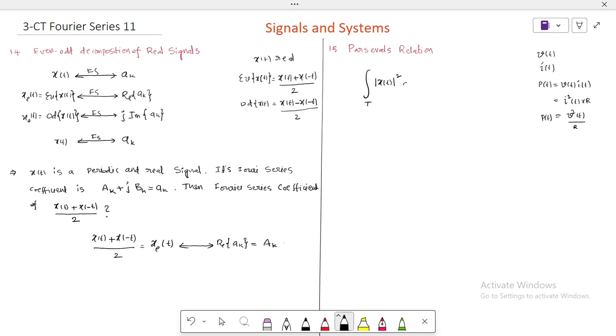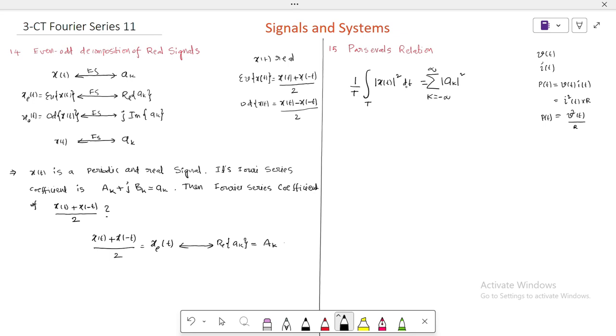That equals the sum of mod AK square, k from minus infinity to plus infinity. So how to remember this formula? The left side is x of t, the right side is AK. x of t equals the sigma, the Fourier series representation, AK into e power j k omega naught.